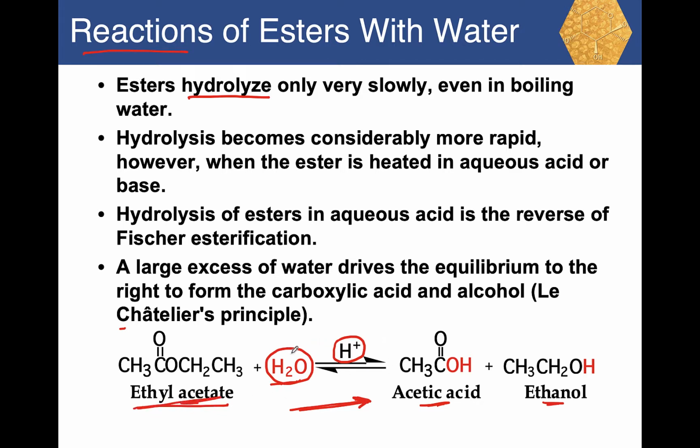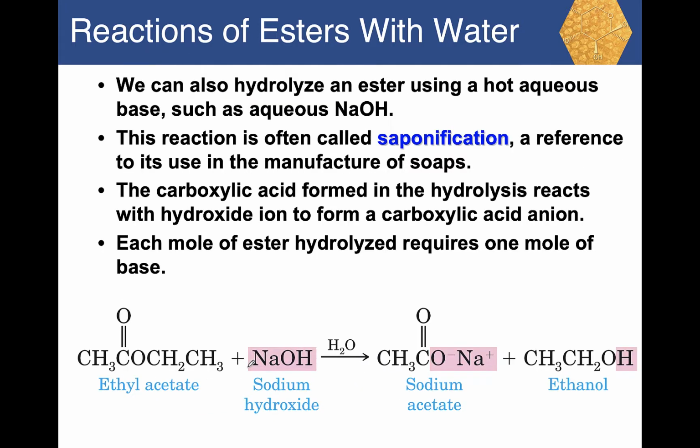If we needed to make the ester, as in the Fischer synthesis, we just have to take off water or evaporate water so that we have a large concentration of ester made. But here we are concentrating on the reactions of ester. So we add a large concentration of water, and that drives the equilibrium to the right to make the acid, in this case acetic acid.